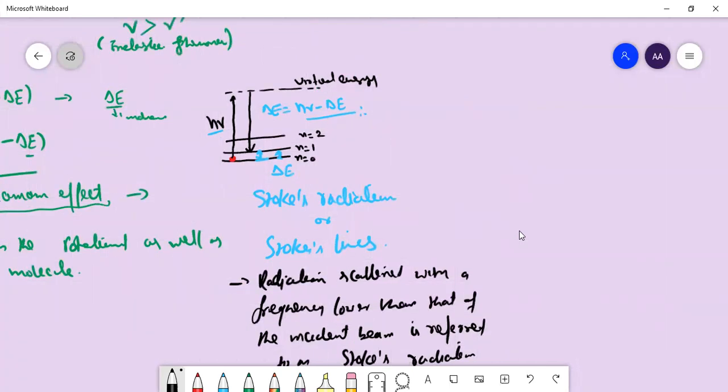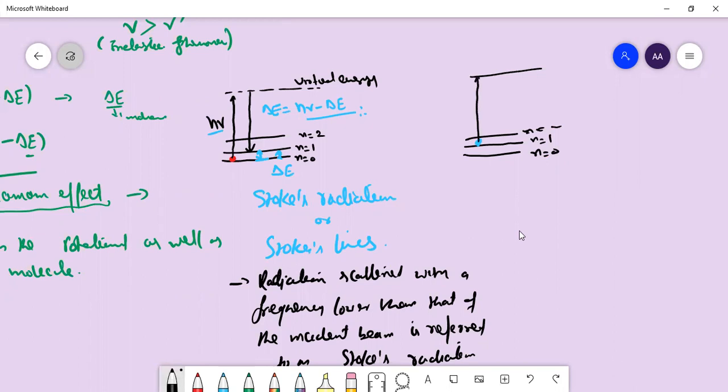Now, another case is our anti-Stokes lines. So what do we mean by anti-Stokes lines? In the case of anti-Stokes lines, what will happen is, with n is equal to 2 and so on, a molecule having the n is equal to 1 energy state will undergo transition to a higher virtual energy level.